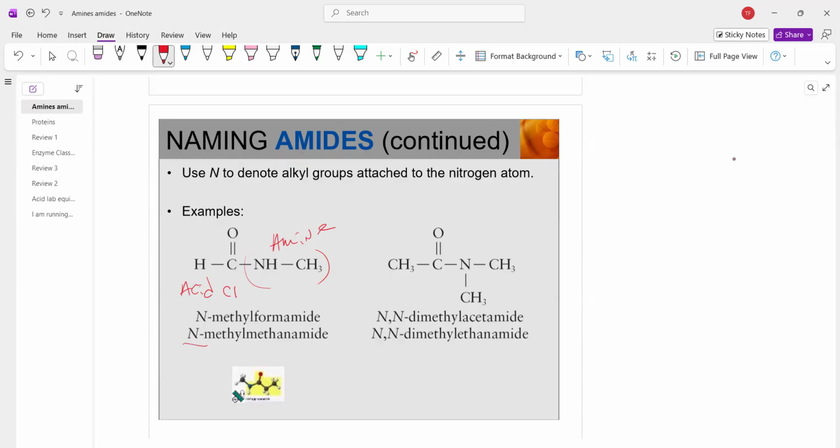This is the IUPAC, because it uses the meth instead of the form version of the one carbon acid. Here we have a two carbon acid with two methyl groups coming off the nitrogen. So it's going to be N,N-dimethyl amide.